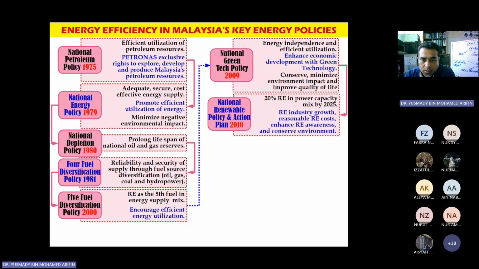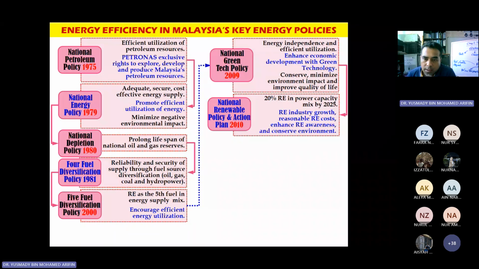Okay, next, in 2010 we have the National Renewable Policy and Action Plan. The aim of this policy is 20% RE in the power capacity mix by 2035. So by 2035, actually next year, we need to have at least 20% of our power capacity mix involving renewable energy.